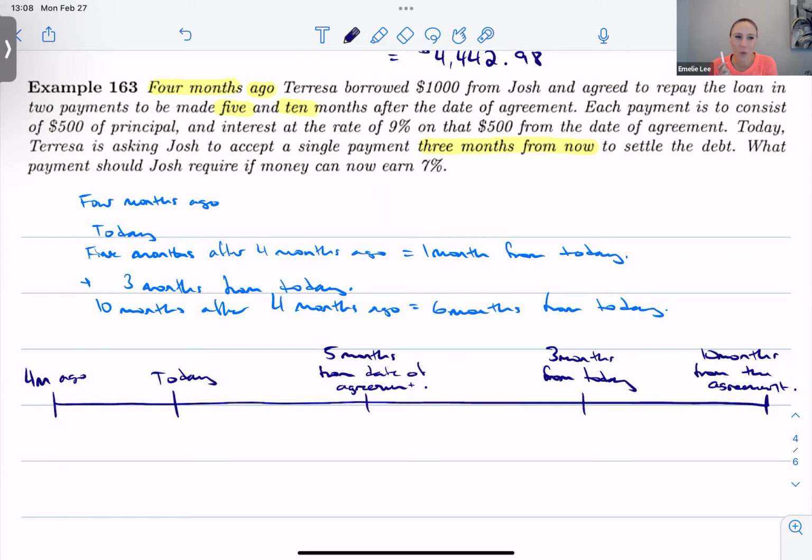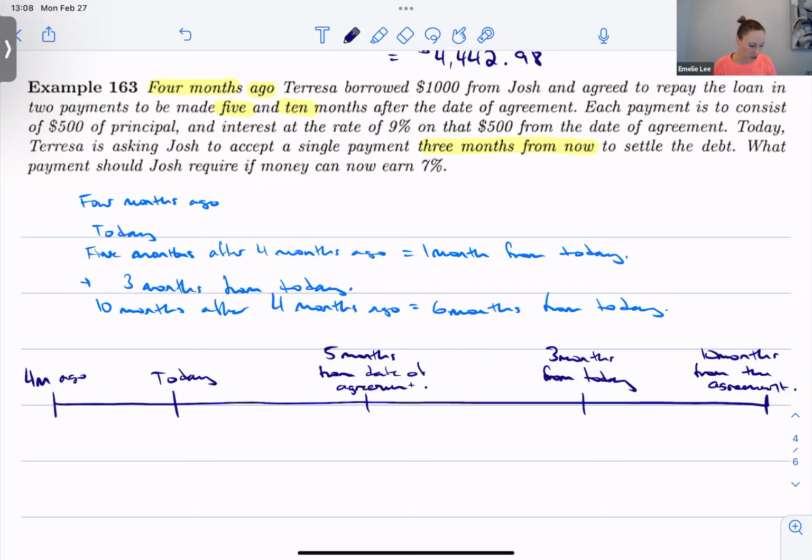Now to figure out what the scheme is here. Teresa borrowed $1,000 from Josh. And what she said was, I'm going to split this 1,000 into 2 $500 payments, because I'm going to pay you back the equivalent of $500 5 months from now, and then the equivalent of $500 10 months from now, which means that she has to pay interest on it.